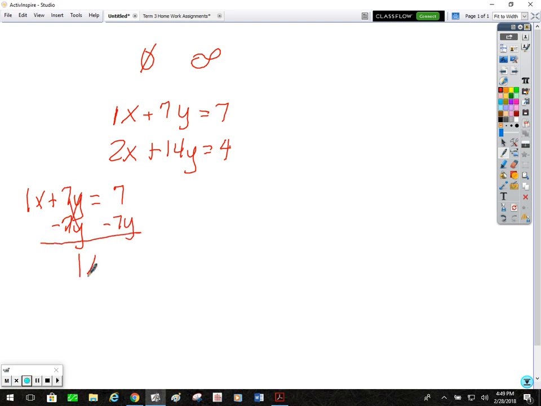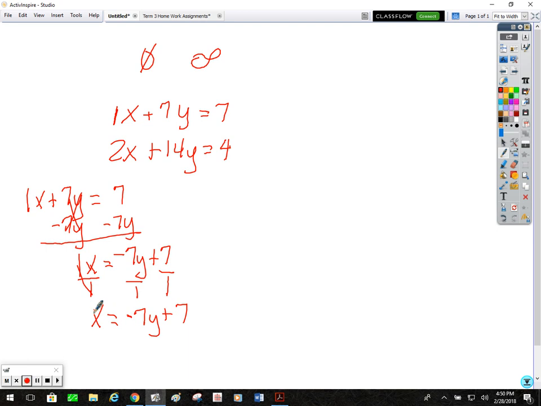So I'm left with 1x is equal to negative 7y plus 7. And just because this is positive, I really don't have to do this next step because it's not going to change anything. But we're going to stay with what we're used to doing, and that means get rid of it by dividing by whatever's in front of that variable. So I have x equals negative 7y plus 7.